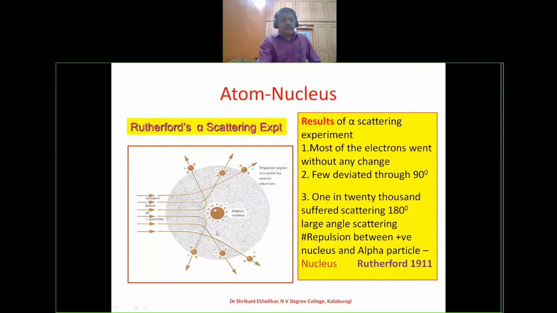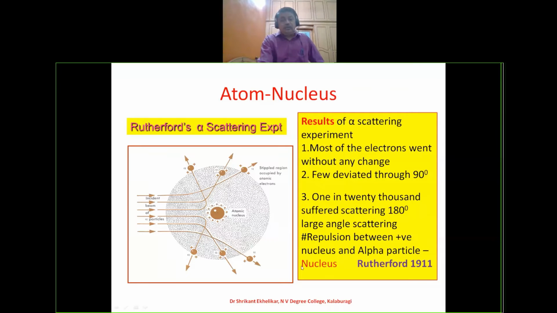All the mass is concentrated at the center, which is highly condensed and positively charged. Therefore, the alpha particle, which is also positively charged, comes nearer to this, and because of Coulomb repulsion between alpha particle and nucleus, it is deflected by large angle scattering.